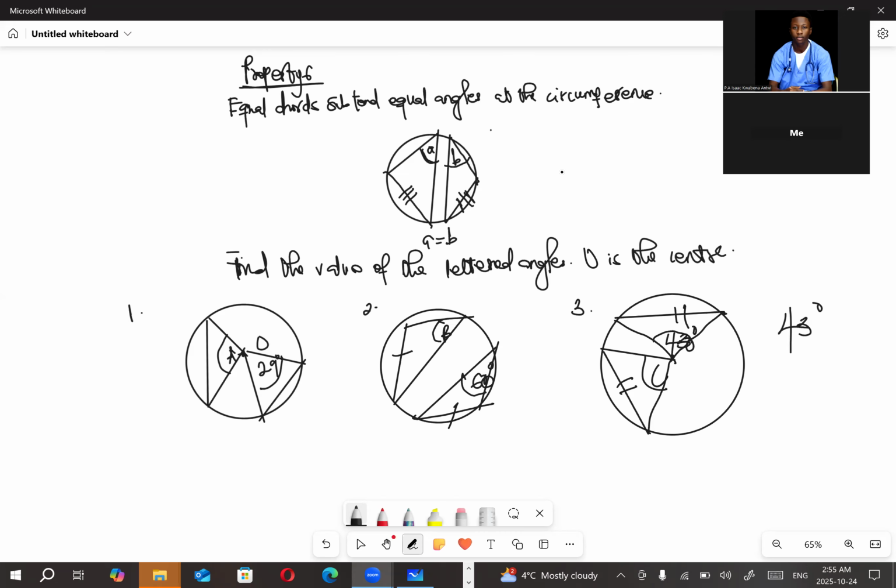With number one, they don't have any indication that some parts of the angles are the same. So what's your answer? A on number one is undefined. Exactly, but you did not explain it well. You were almost there.